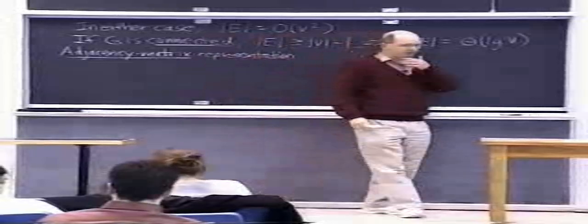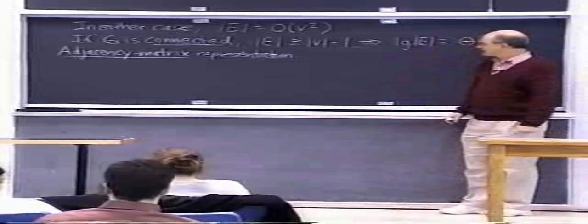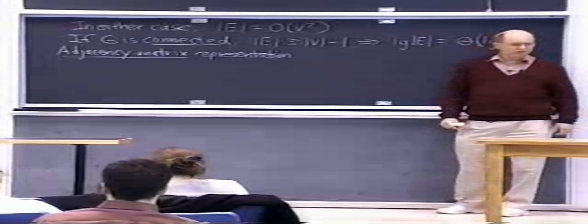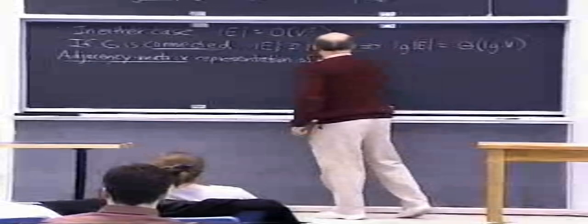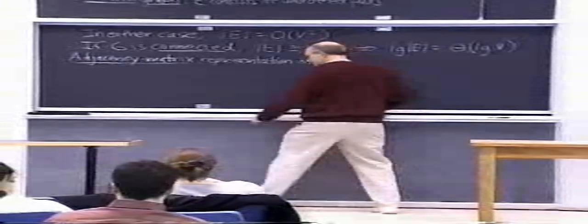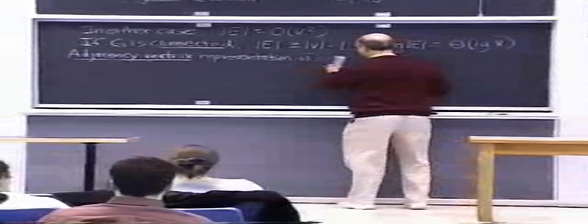Okay, and the adjacency matrix representation, what we do for a graph, whoops, of A. Hey, this appeared again. Somebody fetched it out of the pit.